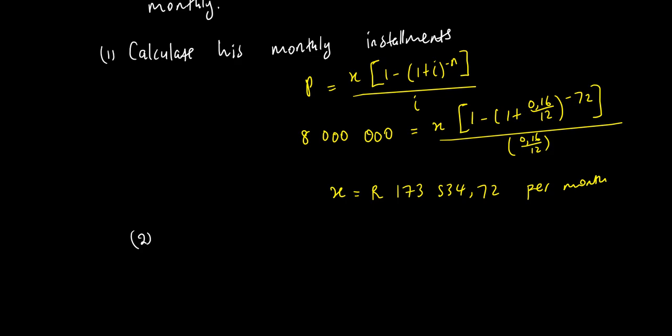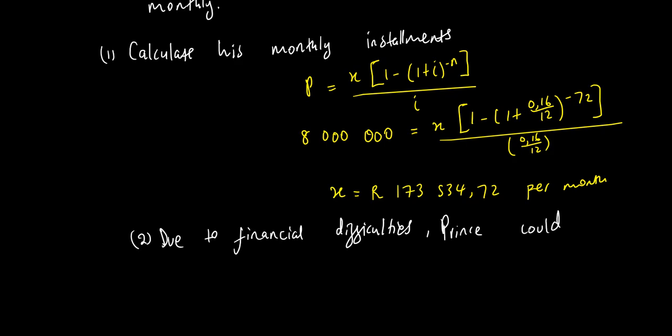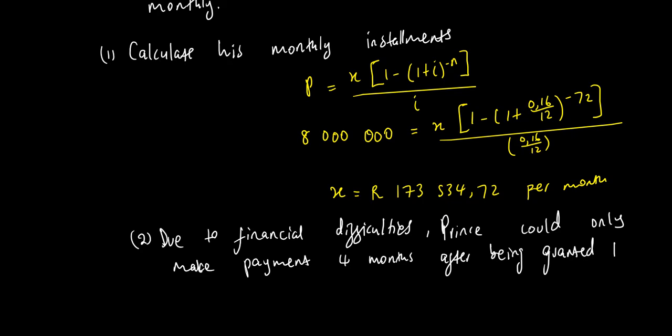So, due to financial difficulties, and we agreed that I must pay this, Prince could only make payment 4 months after being granted the loan.